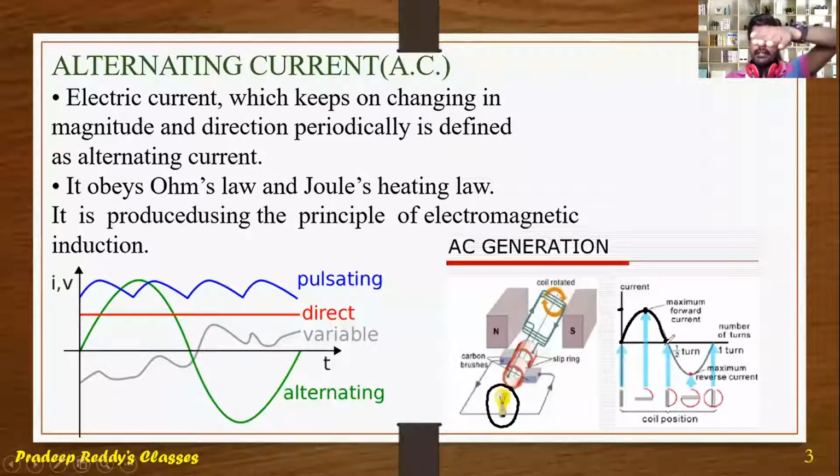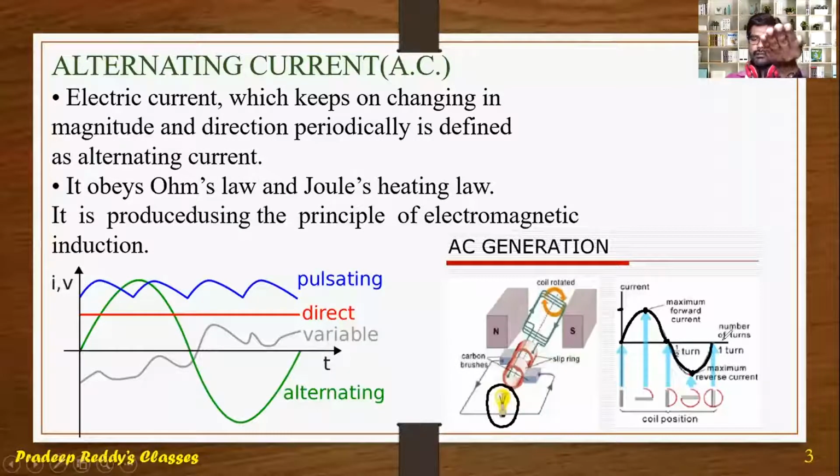As a result, the direction of the coil ends will be altered in these slip rings. The direction of current becomes negative and it is increased to maximum, and then again it is decreased to 0.